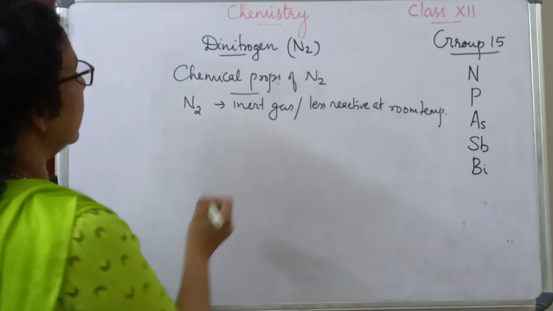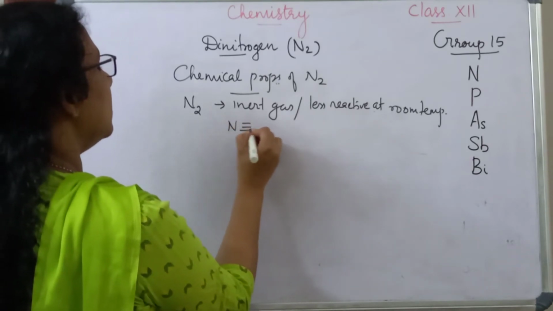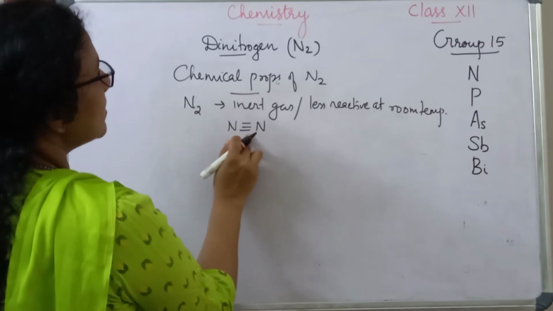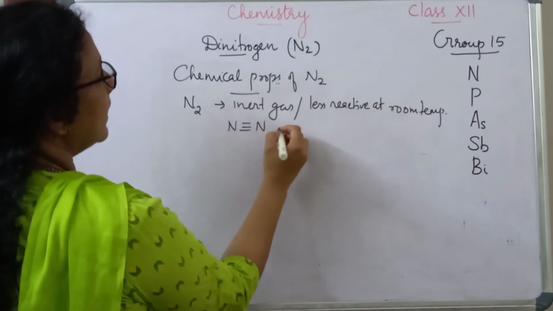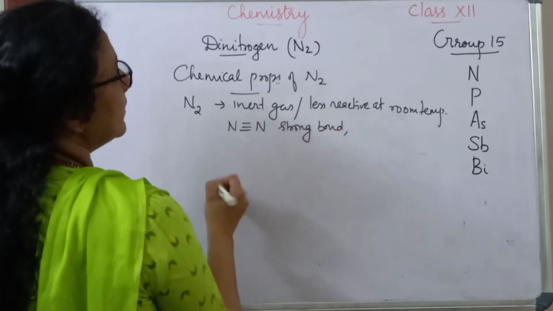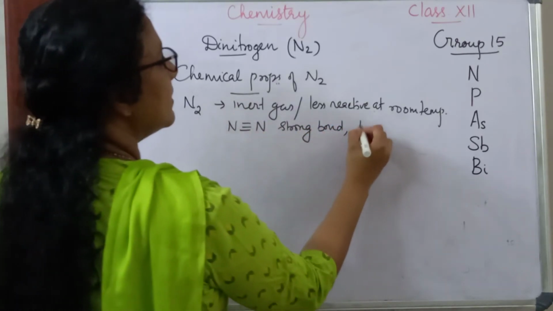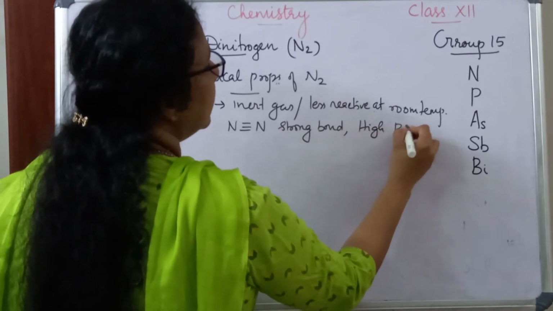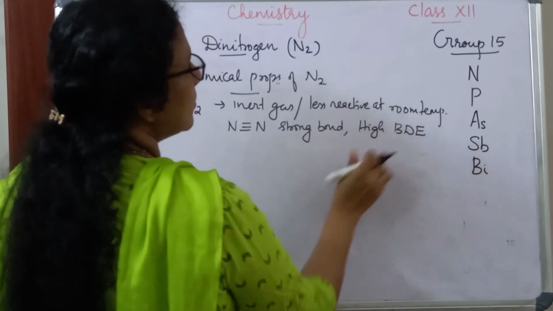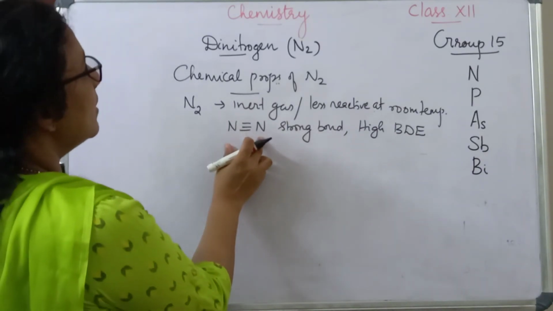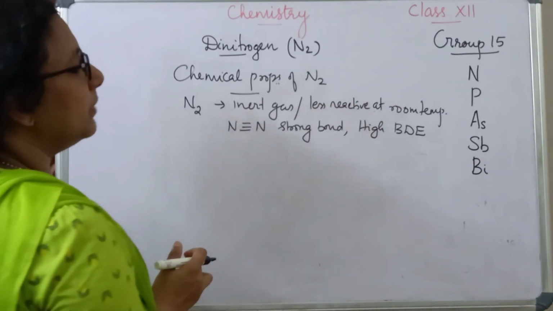We have studied the reason: it exists as N2 with a triple bond between the nitrogen atoms, and it's a strong bond. So more energy is needed to break the bond, that means it has high bond dissociation enthalpy. So it is less reactive at room temperature.